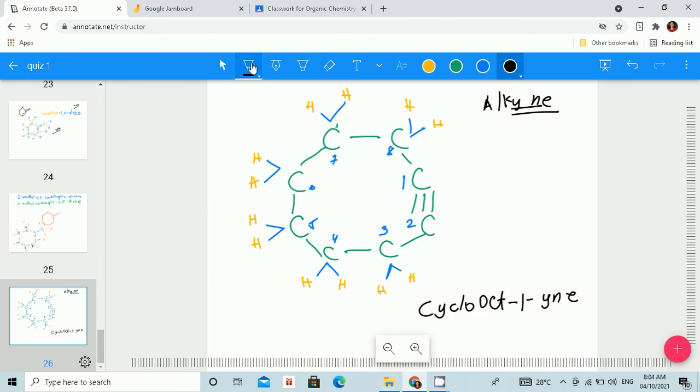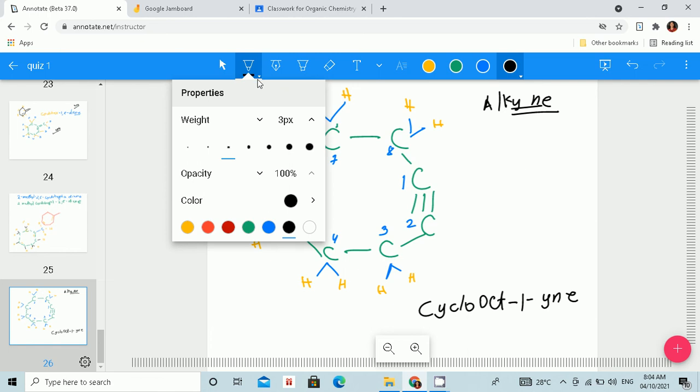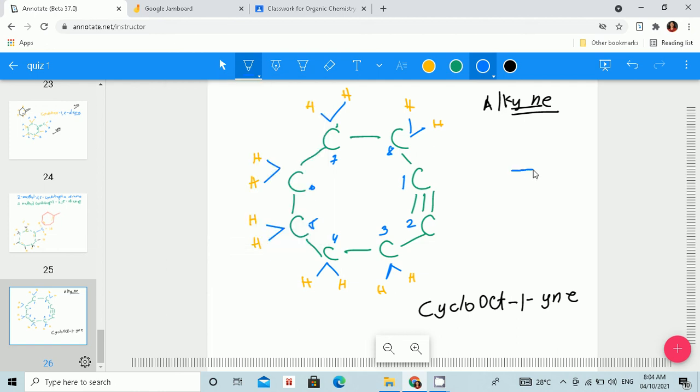Now for our line structure. Okay, so we have one, two. We will just draw an octagon, and then we have that one, then we have this one, then we have one, two.